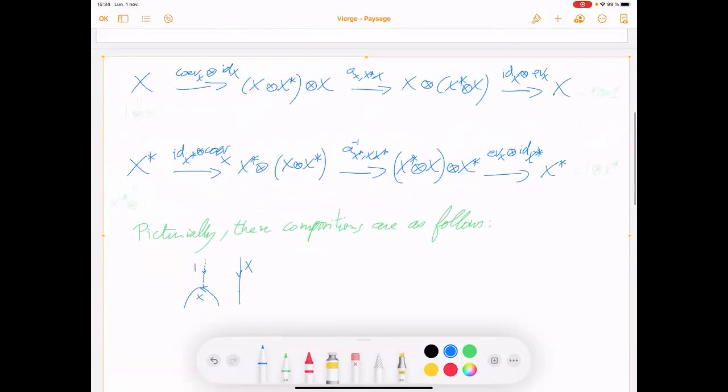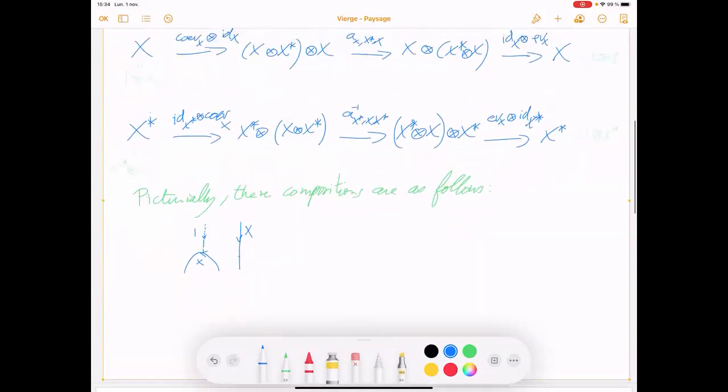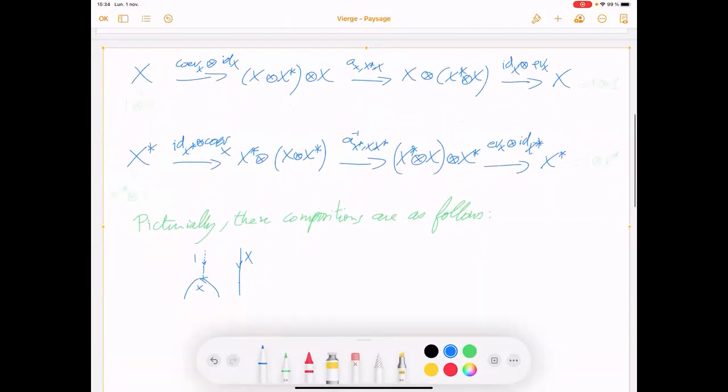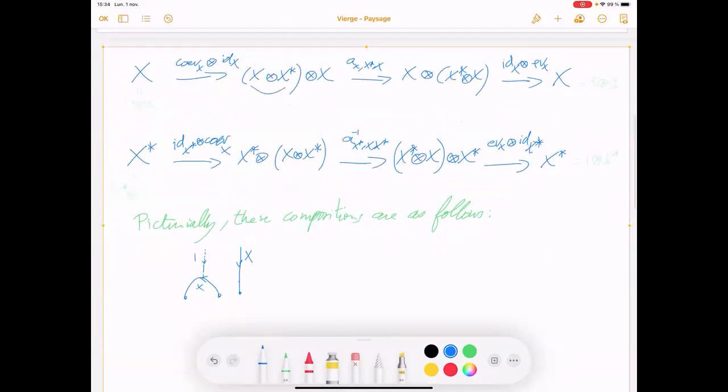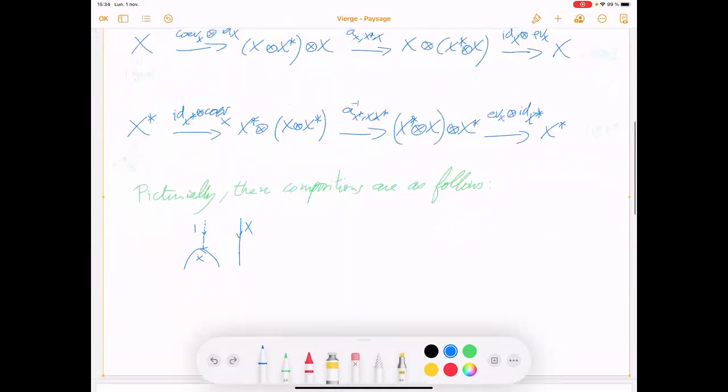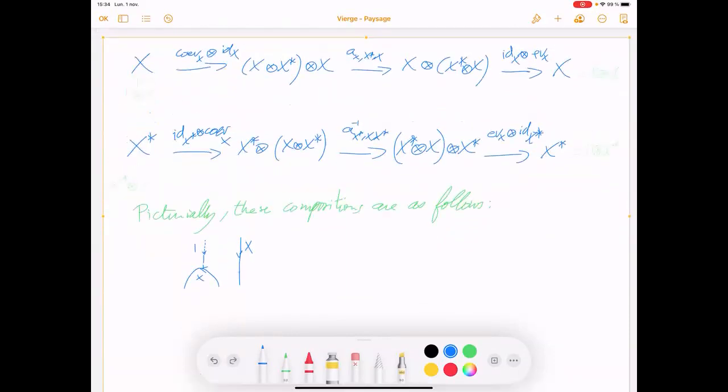Okay, and then you apply the associativity. So you have this one and this one together, and you have this one. This is together, and this one, and you apply the associativity, but you don't need to write the associativity constraint pictorially because of the Maclaurin coherence theorem.